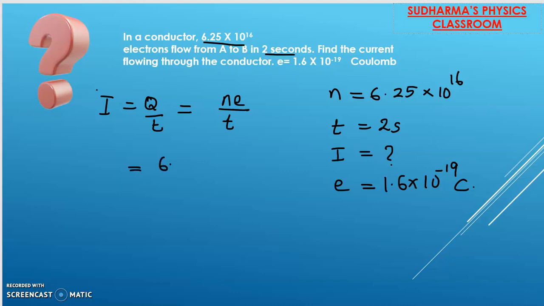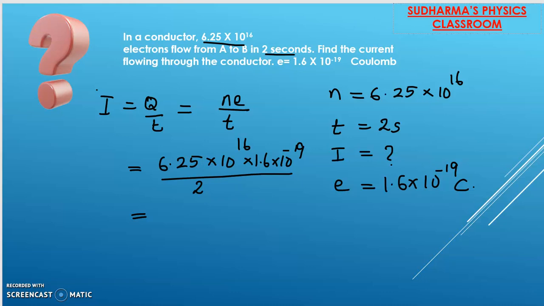N is 6.25 into 10 power 16 and charge is 1.6 into 10 power minus 19, the whole divided by T. T is 2. After solving this, maybe this value 6.25 is familiar to you already, because this value appeared in the first numerical where we calculated the number of electrons required to make 1 coulomb of charge.